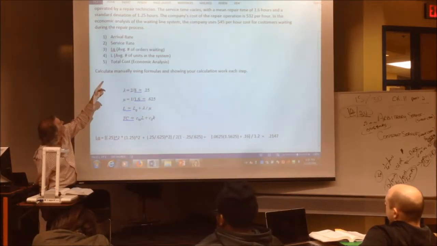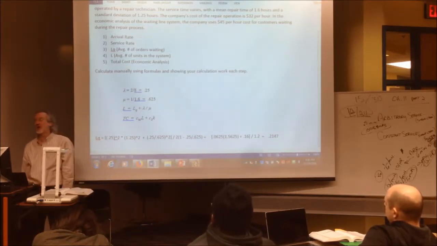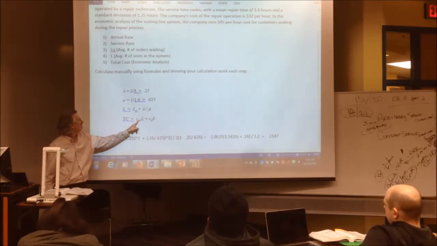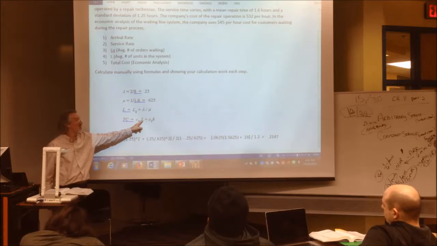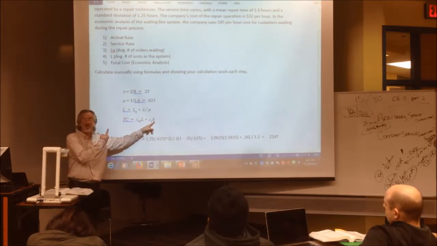In the economic analysis of the waiting line system, the company uses a $45 per hour cost for customers waiting during the repair process. So our waiting cost is the 45, times the L we have to calculate. And our cost per channel is 32 times the number of channels, which is a single channel operation, 1.